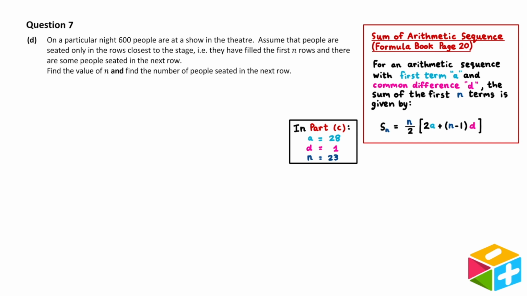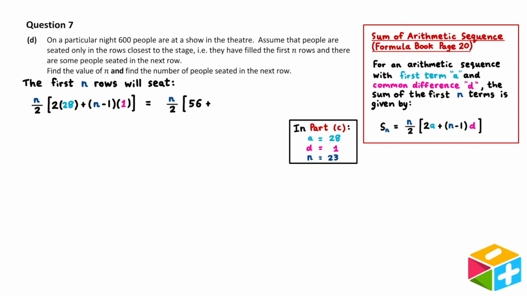If we want a general expression for the number of people the first n rows will seat, we can put in a equals 28 and d equals 1, but leave the n as it is. 2 times 28 is 56, and n minus 1 times 1 is just n minus 1. 56 minus 1 is 55, so the expression we get is n over 2 times 55 plus n.